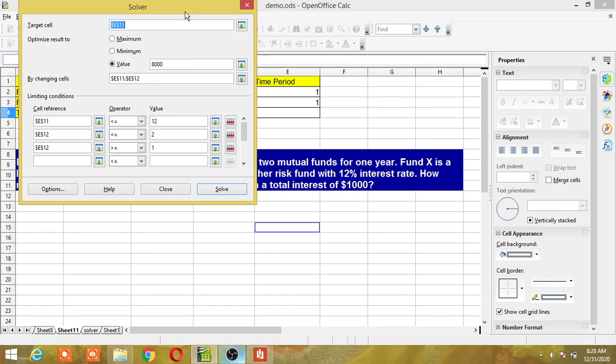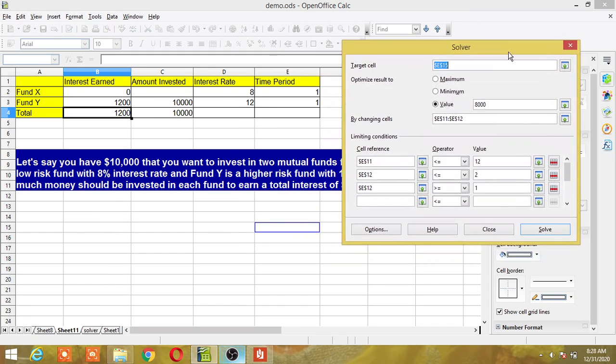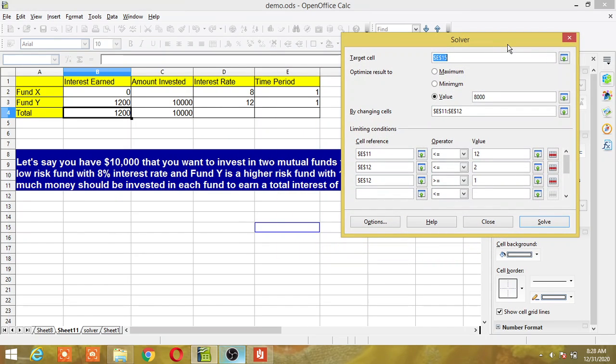So this is the dialog box. First is the target cell. So which cell do you want to target? In my case, this is the cell I want to target, as I want 1000 in this cell. So click on this, this will take the cell address. Now, optimize result to. What is the value you want to achieve? So I'll give the exact value as 1000. I want 1000 as my total interest earned.